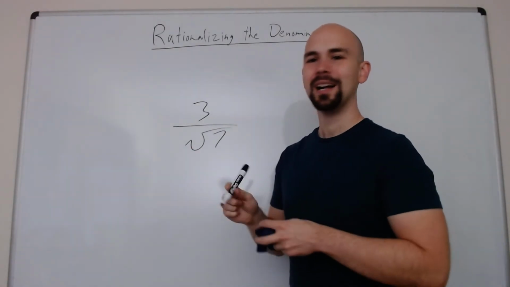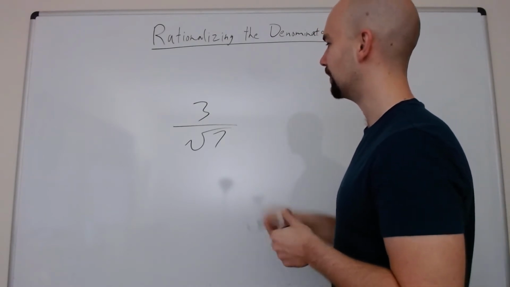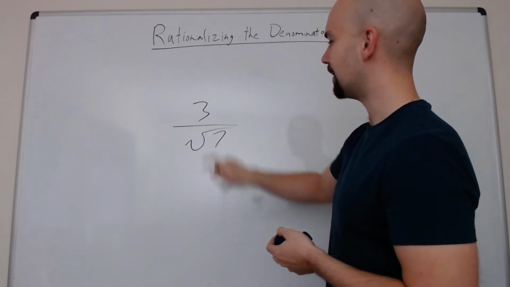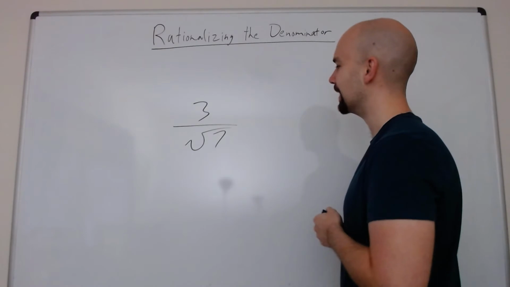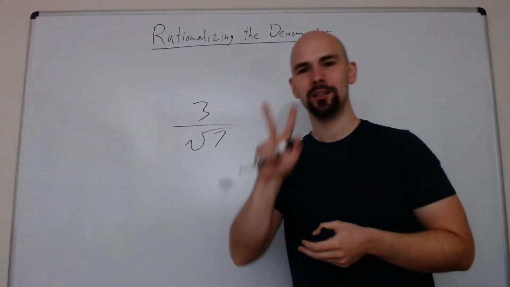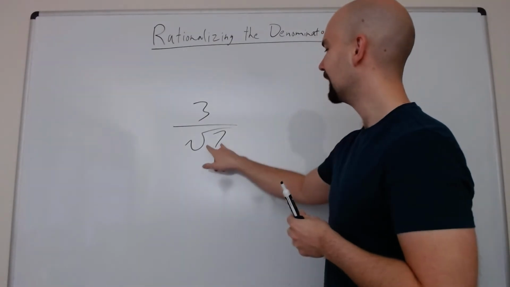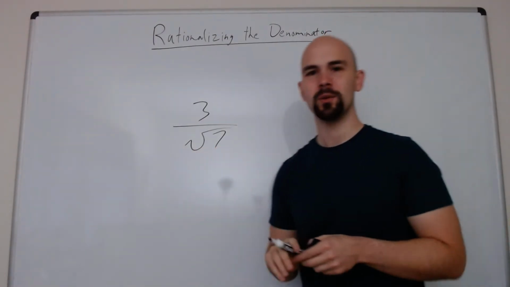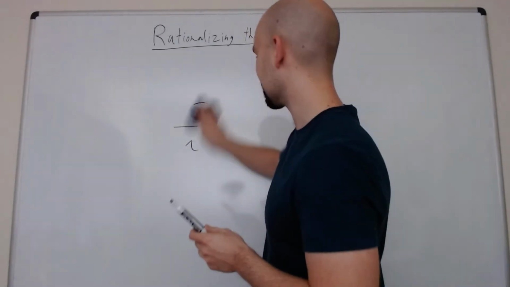No. At least not in its present form is it going to look like a rational number. But if there's some way that I could get this denominator to not have a square root in it, then at least the denominator would be rationalized. So rationalizing the denominator refers to, in the case of this lesson, taking a denominator that has a square root and getting rid of it, turning it into something that doesn't have a square root.